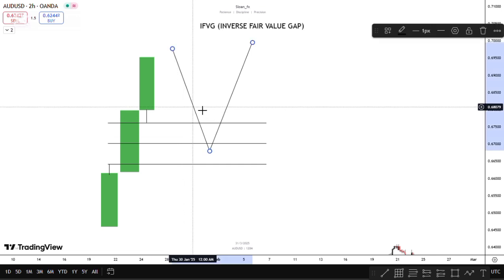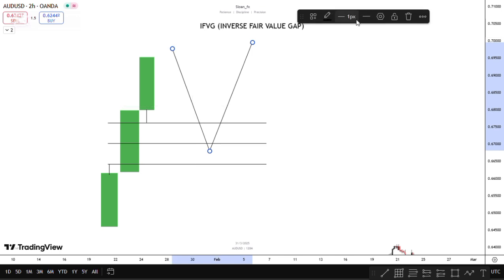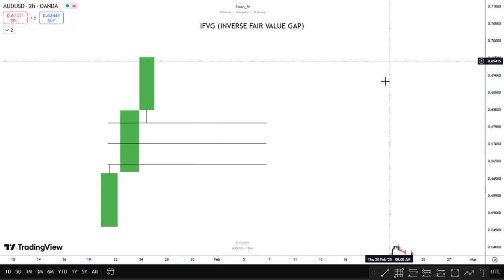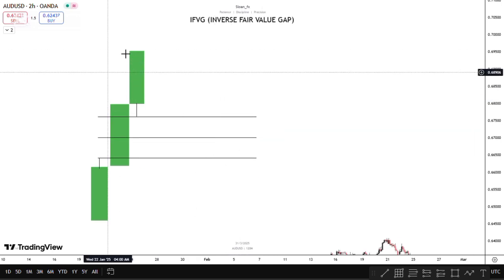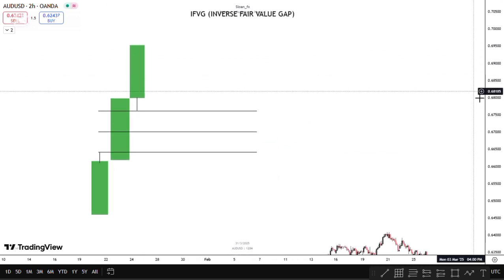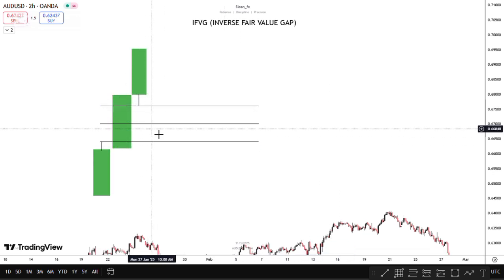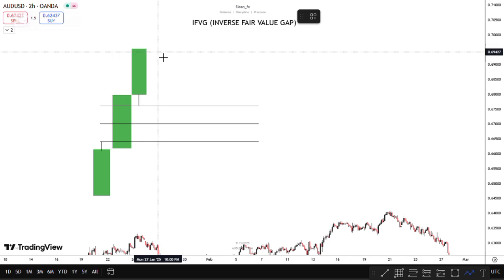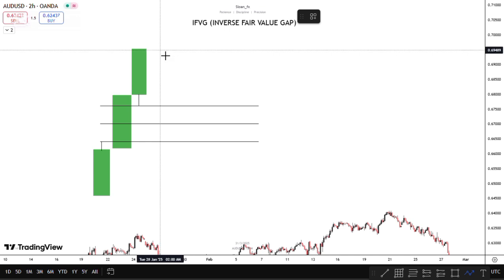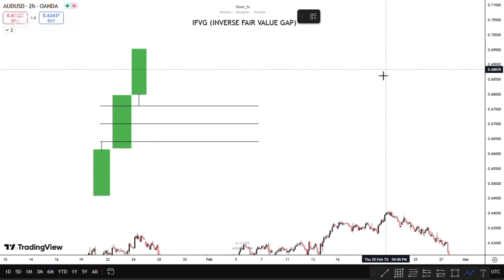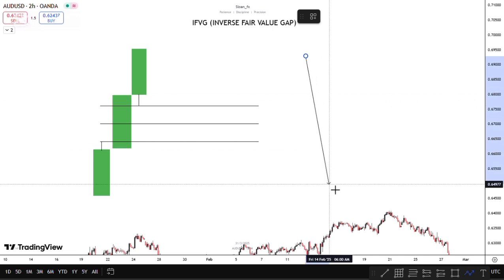Right, so I'll be deleting this, then I'll be leaving this example because I'll use it to explain. So this is our fair value gap, we already know. And if you remember correctly, when we discussed breaker blocks, it's something like this, but for a demand zone right here.